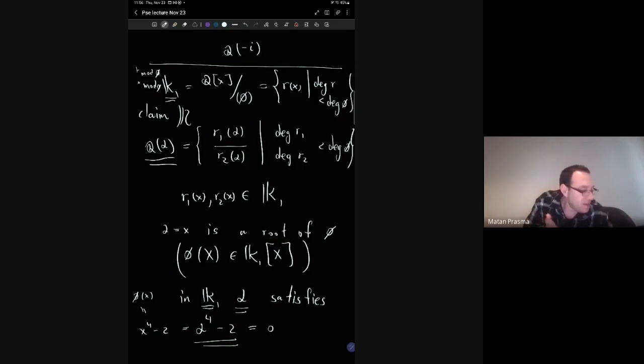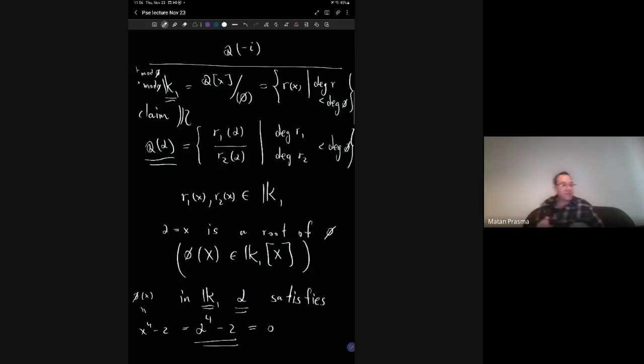And we basically reasoned about the construction of Q of alpha. It's the minimal thing that you can do if you want to introduce a new symbol alpha satisfying the relation phi of alpha equals 0.